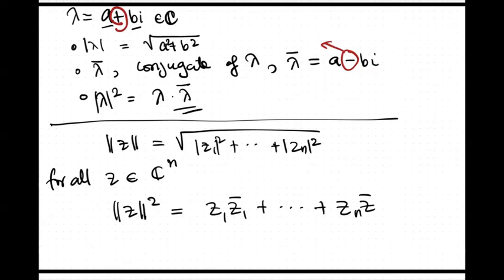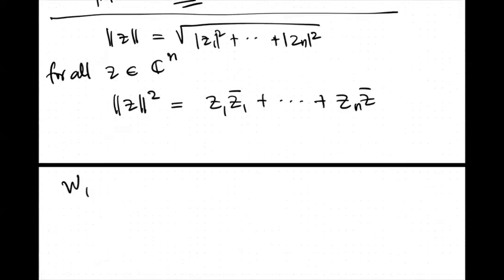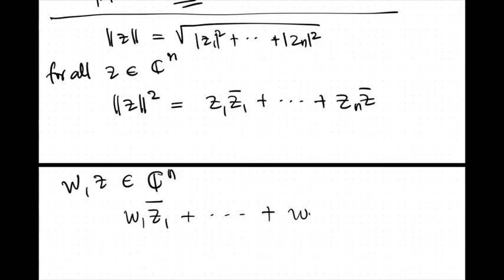as we did in Rn. And thus we suggest that for the inner product of W in Cn with Z, for W and Z in Cn, we get W1 Z1 bar plus up to Wn Zn bar.